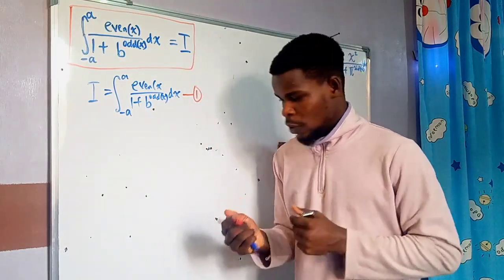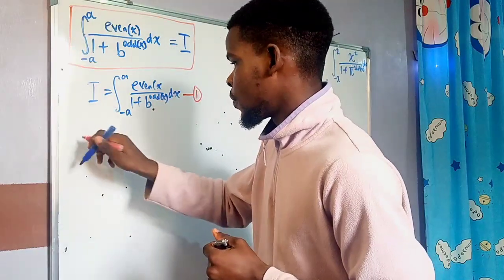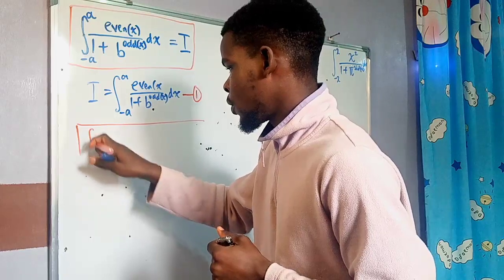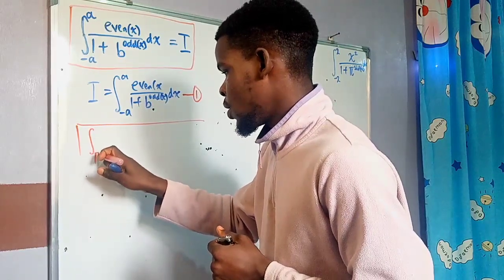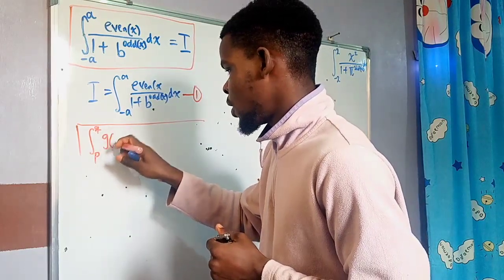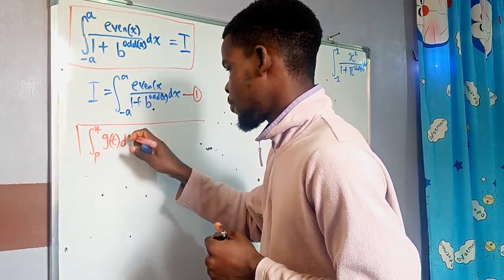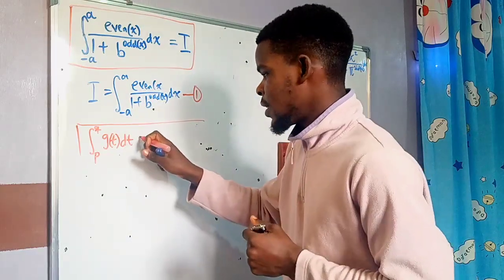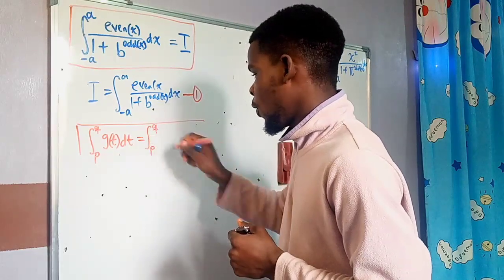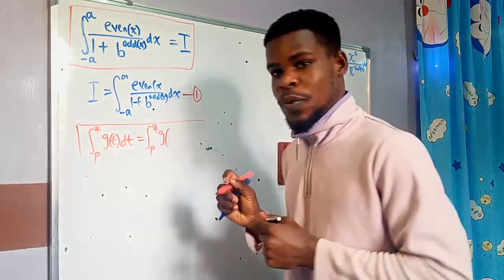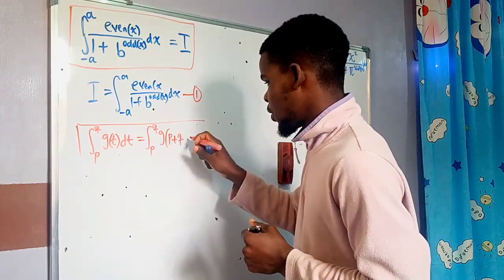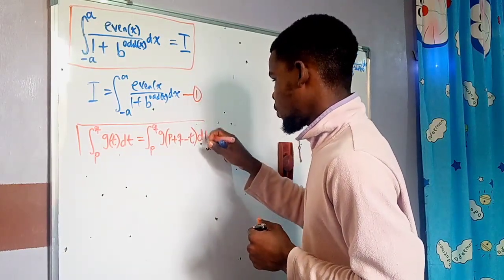And now I want you to know this. We know that if we have the integral from, let's say, p to q of some function, let's say g of t dt, this in fact is the same thing as the integral from p to q of g of, now the input, we are going to rewrite it as p plus q minus t dt.